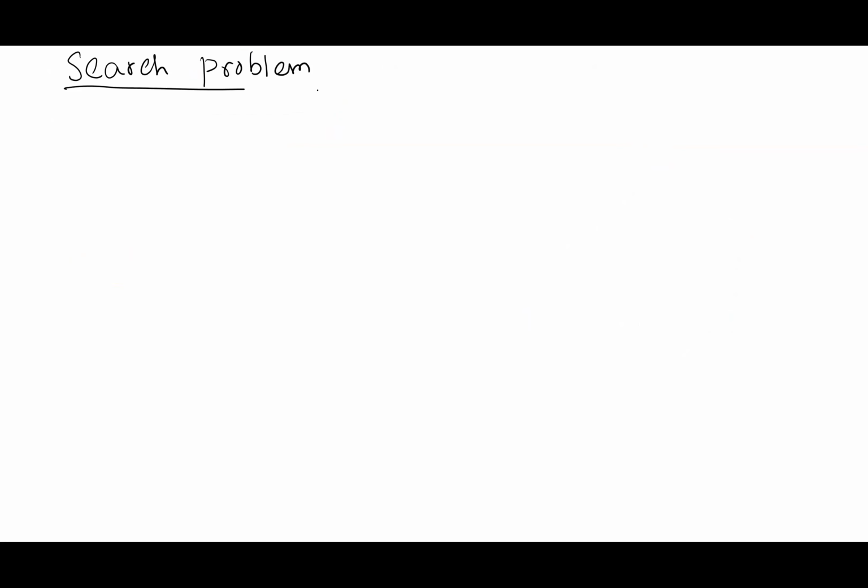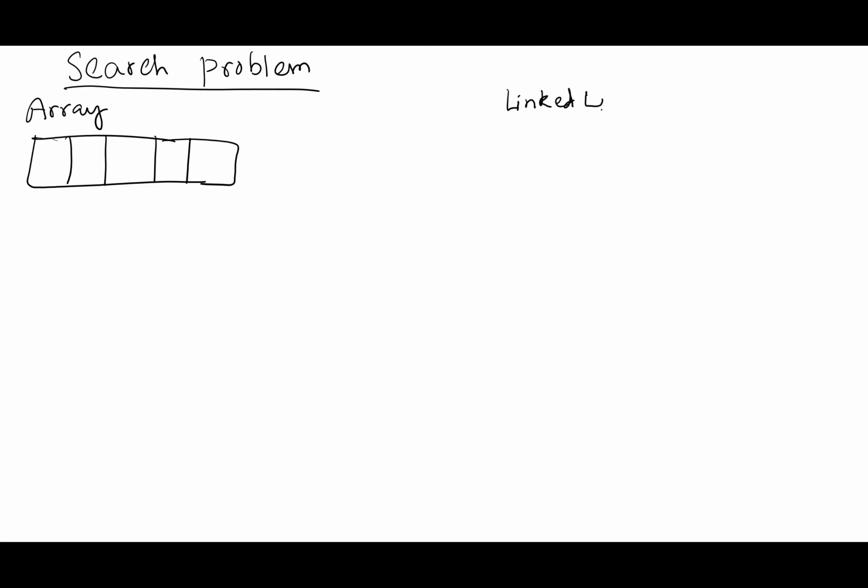So some of the existing data structures that we have are linear data structures, like array, right? Let's make an outline for an array. So we know that array is of fixed size. Array has index. And then we have linked list, another data structure.